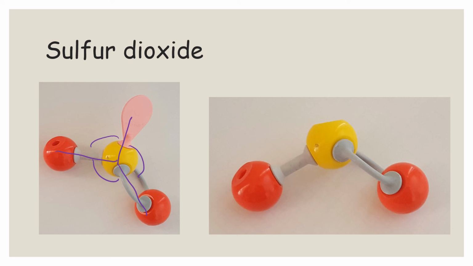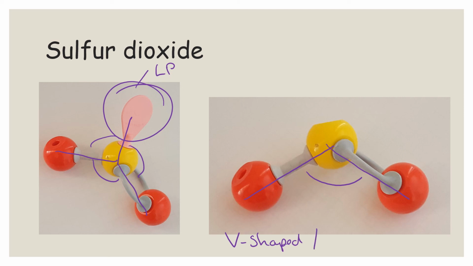However, when describing molecular geometry, we don't describe the lone pair of electrons. We only describe where the atoms are. So it's tried to arrange the electron pairs in a trigonal planar fashion, but as we only describe where the atoms are, this would once again be called V-shaped or bent.